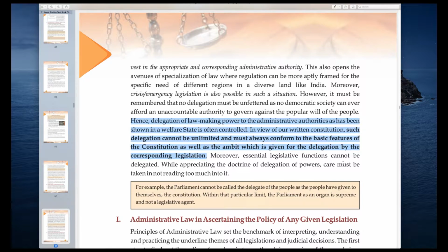So conform means in uniformity, following the constitutional provisions. It's not something out of the way. It cannot be unlimited. It is limited, and always conforms to the basic features of the constitution. So whatever the guidelines of the constitution, it must follow, right?